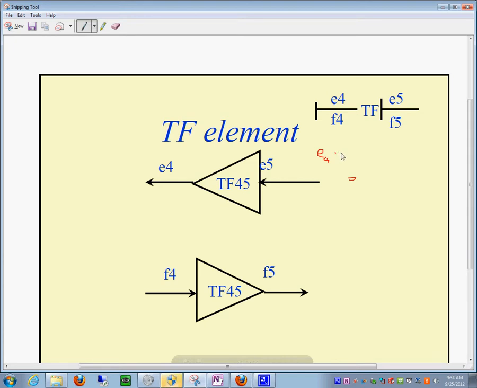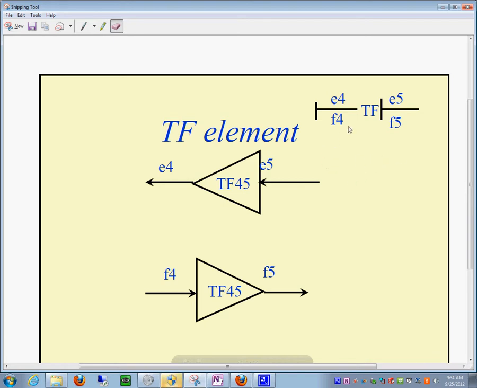Times the modulus of the transformer should be equal to what? F5, okay, hold on for a second. I think we have a little mistake in here. Let me start over again.